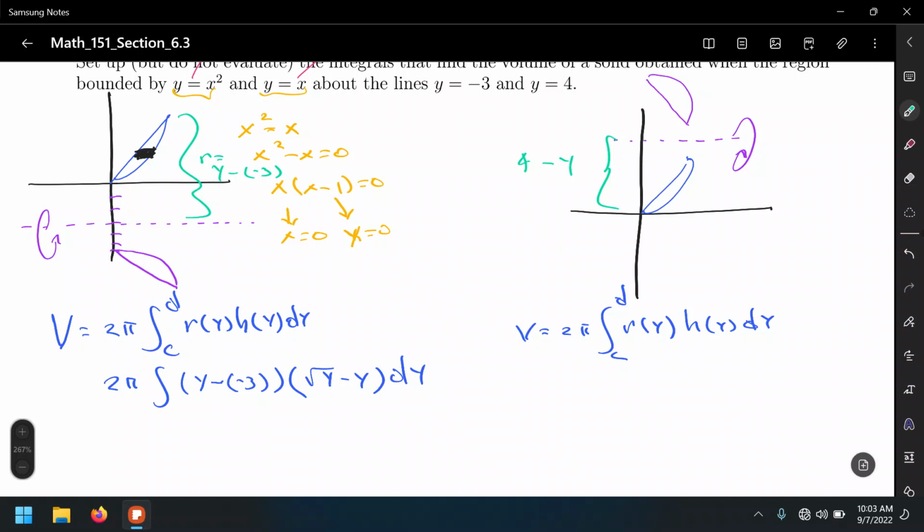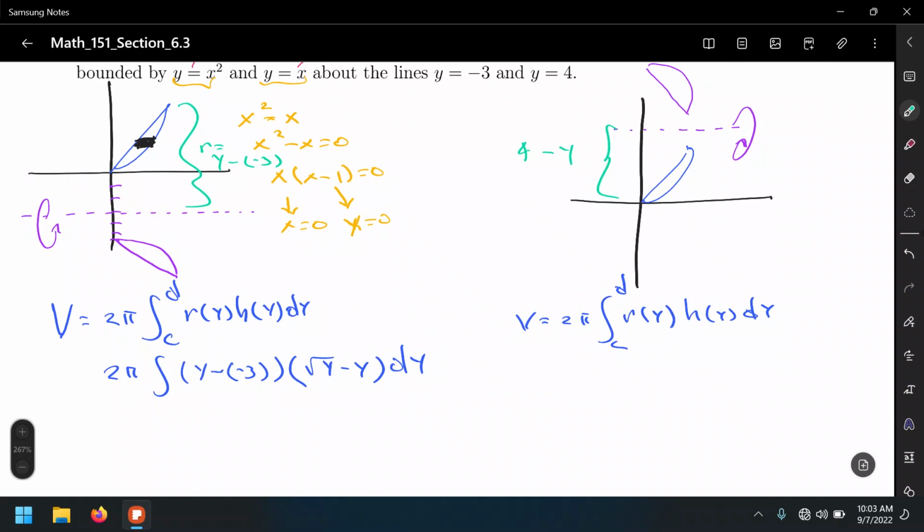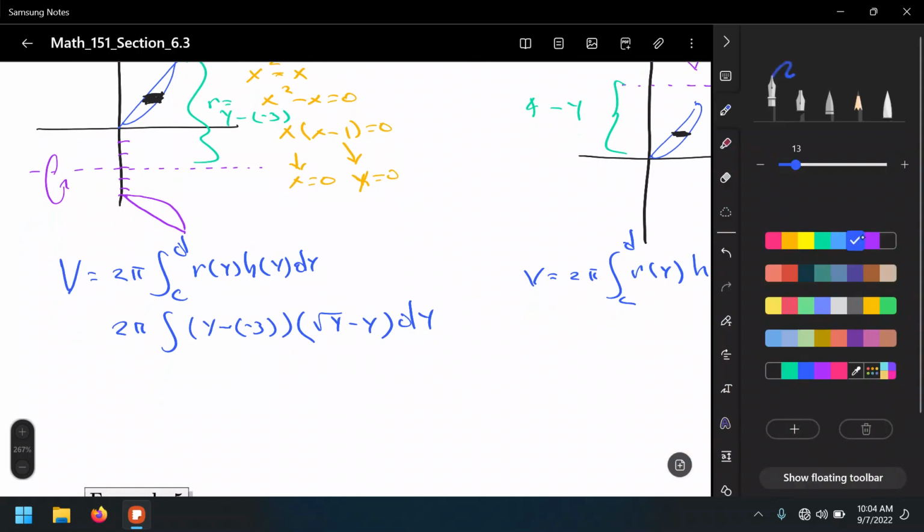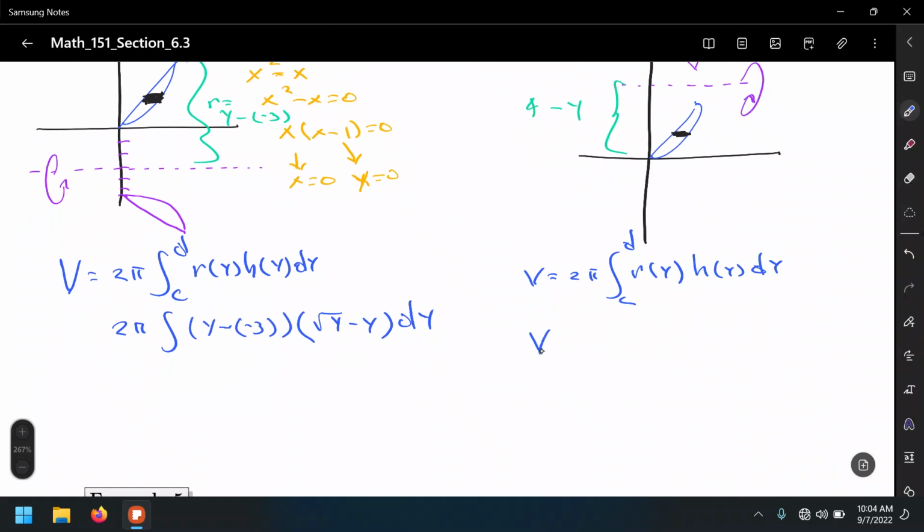Again, in terms of the lollipop example we discussed last time, this y is the number of flavors the lollipop has, right? And then h of y will be described in terms of functions of y as the rightmost minus leftmost. That's the shape of the region, or the shape of the candy, if you will. So setting up the integral, we're going to get 2 pi integral from c to d.